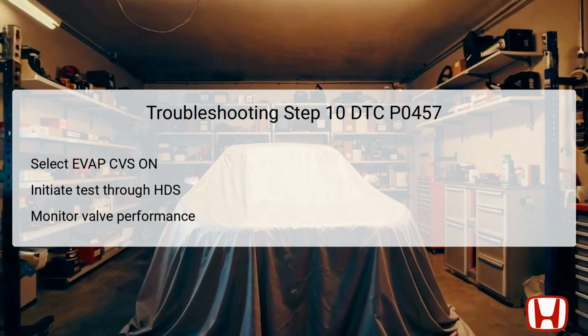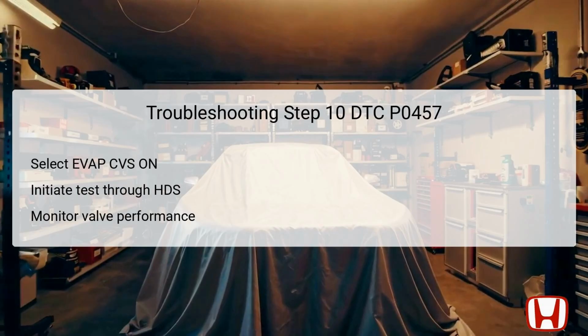In the 10th step, you must select the EVAP CVS canister vent shutoff function in the inspection menu on the HDS. This action allows you to directly control the vent shut valve for a functional test. Monitoring the valve's performance during this test will provide critical data about its operational integrity.